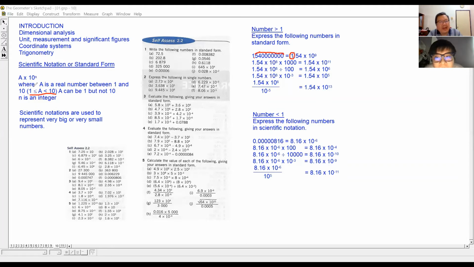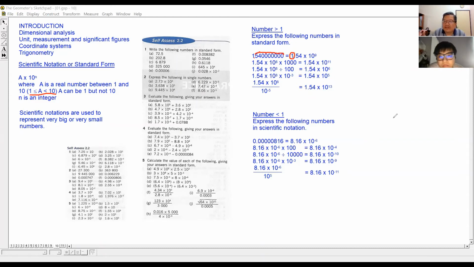Now, if they allow 10, that means this number can be 10, so there will be two numbers in front of the decimal place. So you cannot. That's the reason why they put less than 10. 1 is okay, right? Then now we look at this number, 1.54 times 10 to the power of 8, then times by 1000 again.